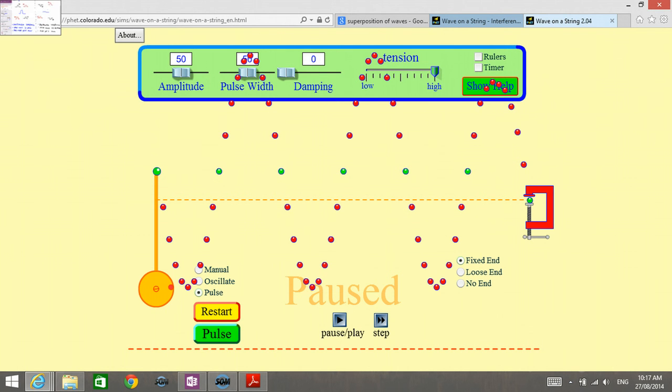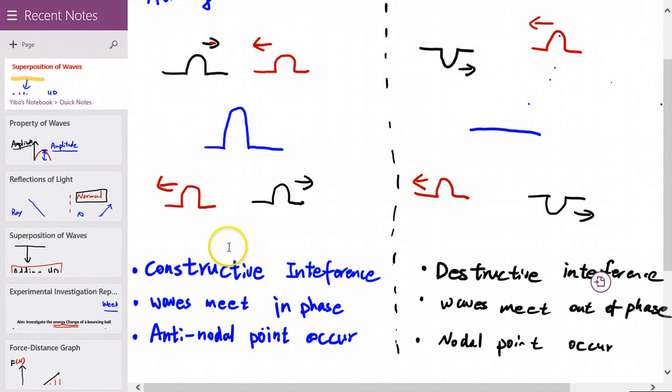You need to be able to tell them that it is because the waves meet out of phase, destructive interference occurs, so we have nodal points, and he stands on the nodal points, so he hears nothing. You need to mention all these three points when you are asked to explain it.